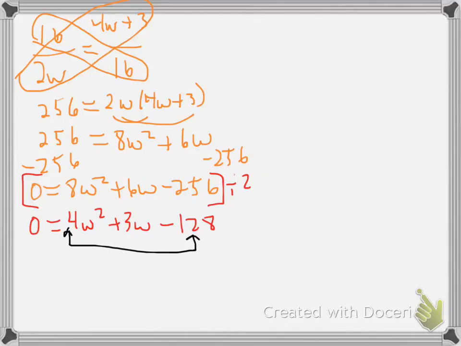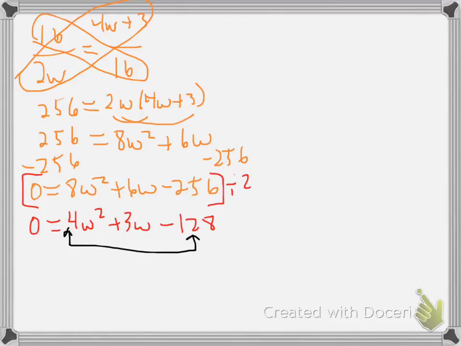So what we're going to have to do is 4 times 128, which is 512. I want all the factors of 512 that subtract to the number 3.